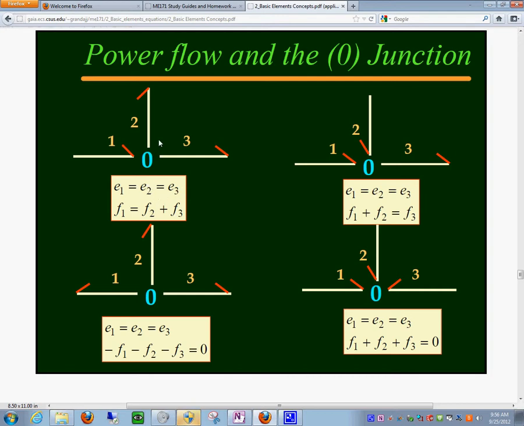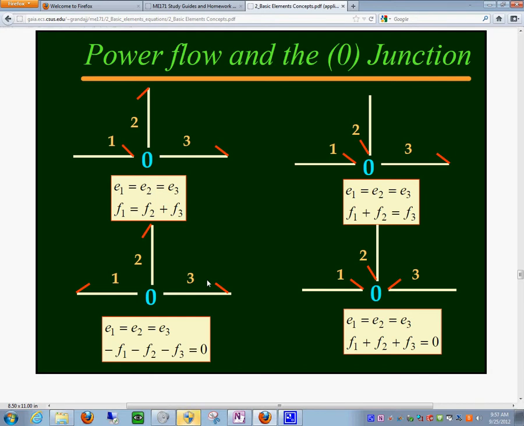So in this case, to read what you have on the left-hand side here, you read that F1 minus F3 equals F2, or you could say that F1, what came in, is equal to what goes out, which is F2 plus F3, right? So that's the point. Now over here, see, you have two of this coming in and one going out. So this means F1 plus F2 is F3. These all three are going out.